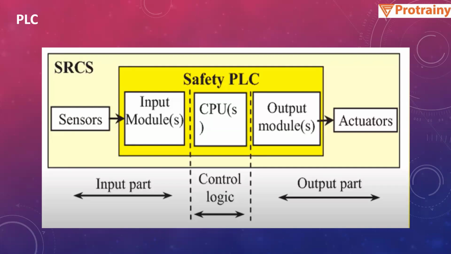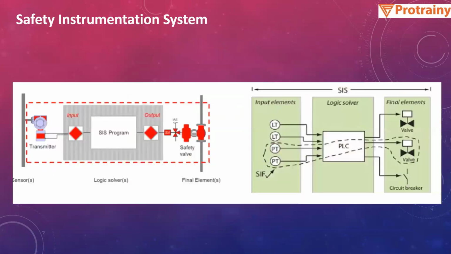So it will give the input to the PLC, and then PLC will give output to the actuator. So the actuator will be, in this case, the control valve. So basically the control valve, which is motor operated valve, will automatically adjust the valve by rotating in such a way that the flow of fluid in the particular pipe is restricted to the permissible level.